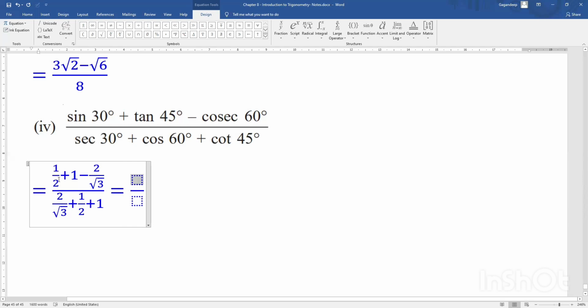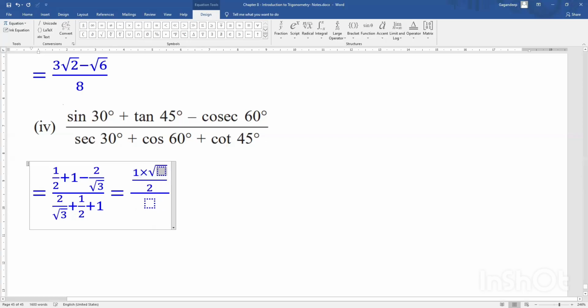So 2 root 3 will be our LCM. For that, I should make sure that I get root 3 in the denominator. So I'm going to multiply half with root 3 in numerator and denominator.